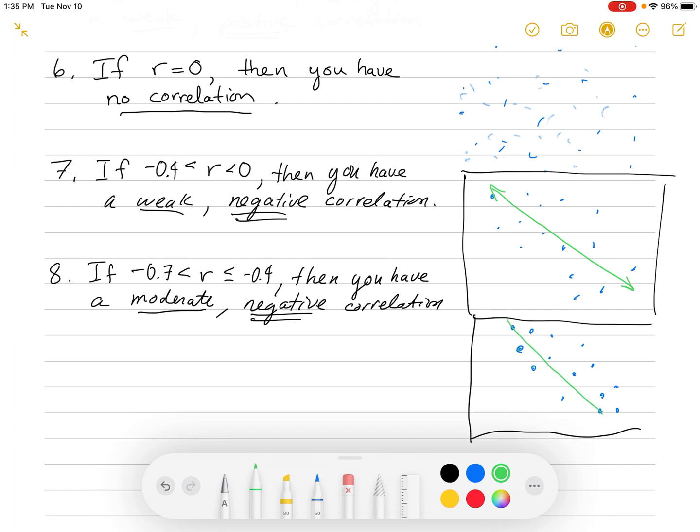Well, that's a bad interpolating line. Let me try that again. Do something like this. So those points are hugging that line a little bit more tightly, and you can see that it's negative because the line is decreasing from left to right. So it'll be a moderate negative correlation.